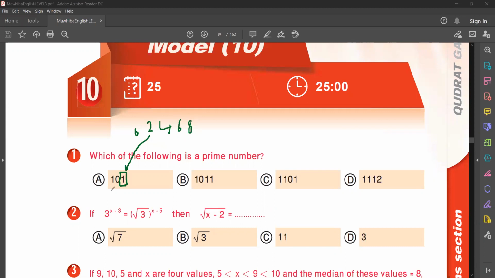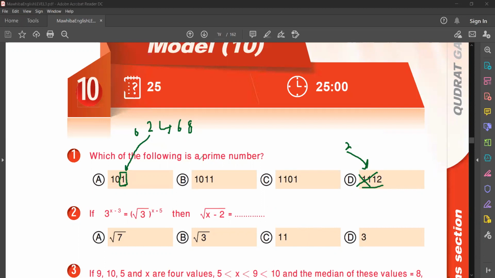If you see that in the units, then you say it is divisible by 2. So here I have 1,112. Look, it is divisible by 2, so this is not a prime number, right?